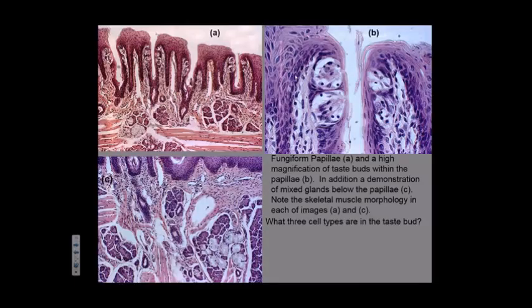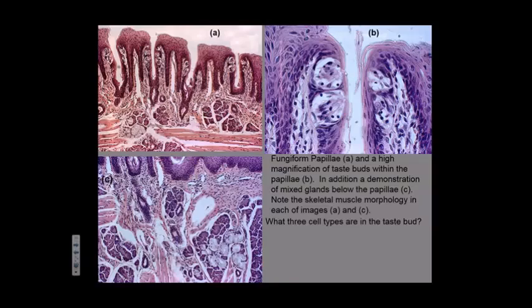Okay, so here are some fungiform papillae. Taste buds are right there. Okay, if you notice, this is a duct. So these glands down here are called von Ebner's glands that salivate in between the papillae to continually wash away the contents so that you can experience a new taste each time you put something different in your mouth.